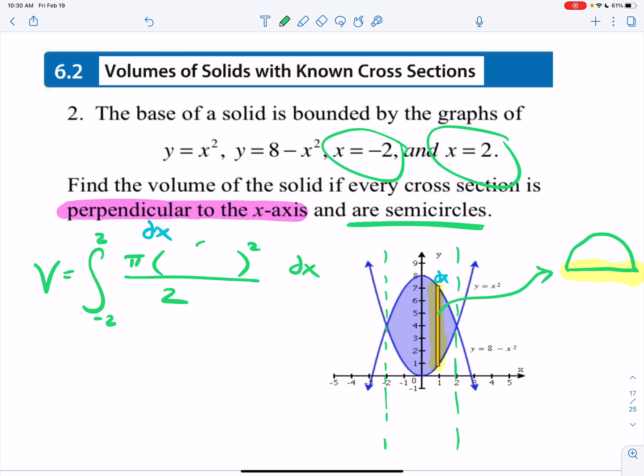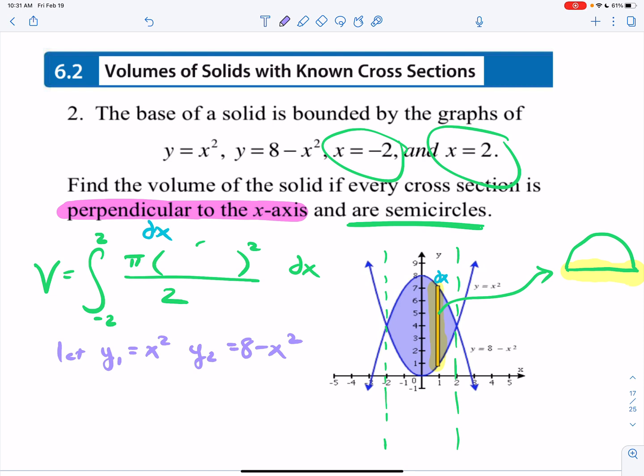Okay? Fill out your radius here. Press play when you're ready, okay? Okay, so I am going to let y1 be x squared and y2 be 8 minus x squared. So that way, it's a little bit easier. So I know that y2 is the upside down parabola and y1 is the right side up parabola, okay?